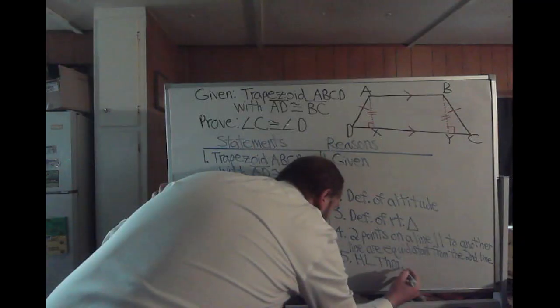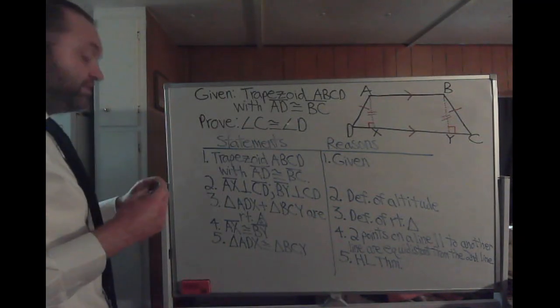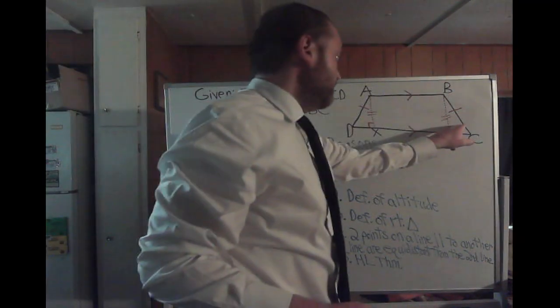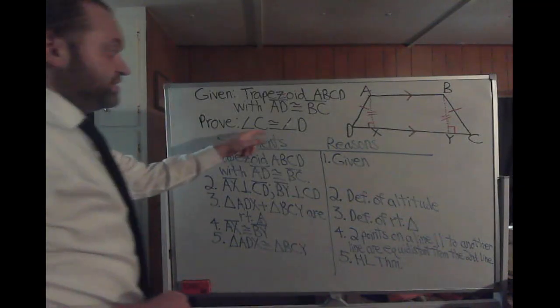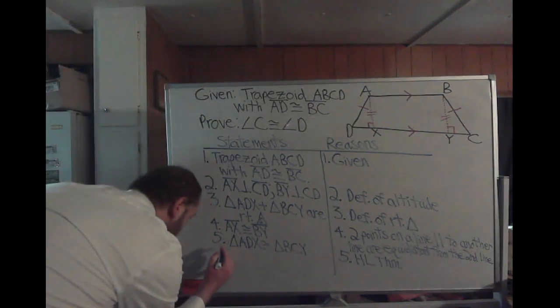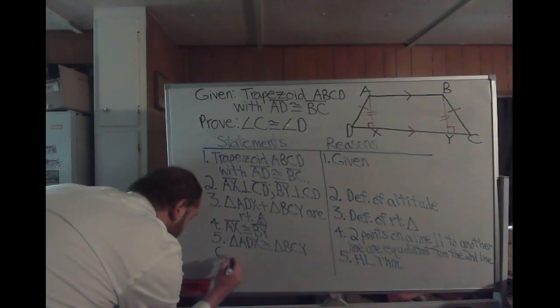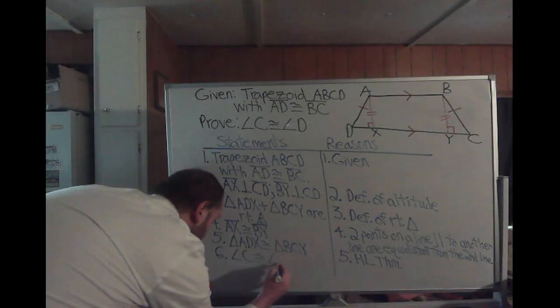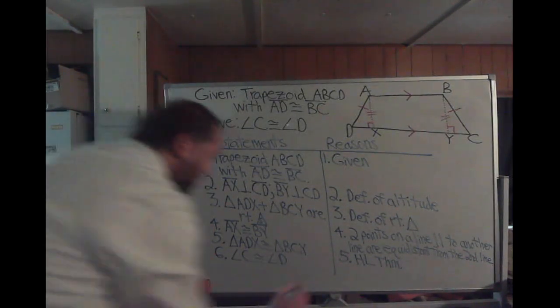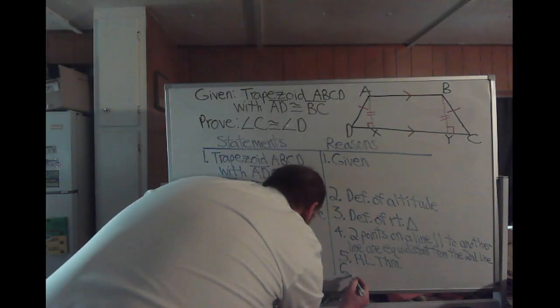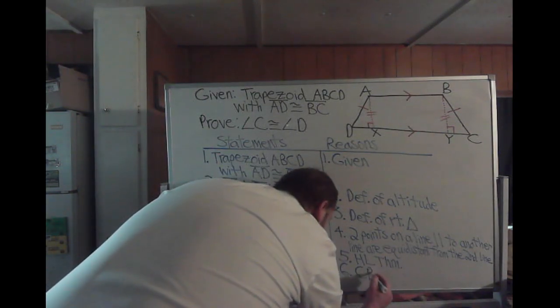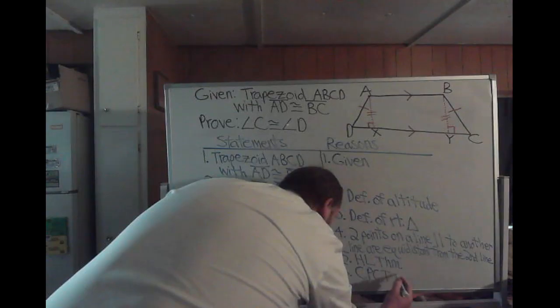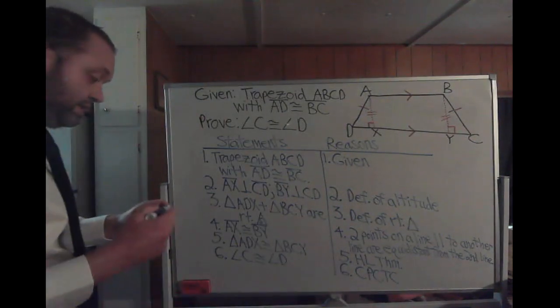Now that we've established these two right triangles are congruent, all that's left to conclude is that angle C is congruent to angle D by CPCTC. Corresponding parts of congruent triangles are congruent.